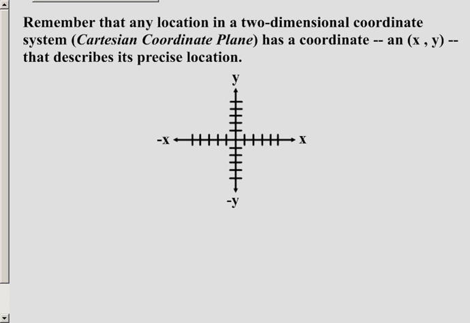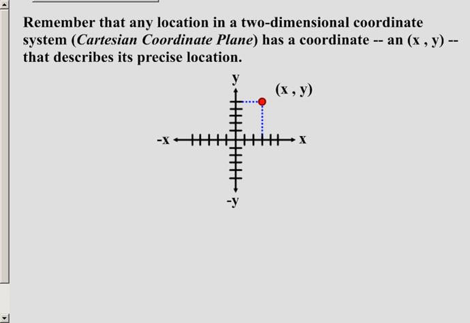Now, as I said, if you place the tip of your pencil anywhere within the graph, you get a point. That point has a particular coordinate, x comma y, depending upon how it lines up with the x-axis and with the y-axis. And wherever those alignments occur with the axes, you have your coordinate, x comma y.